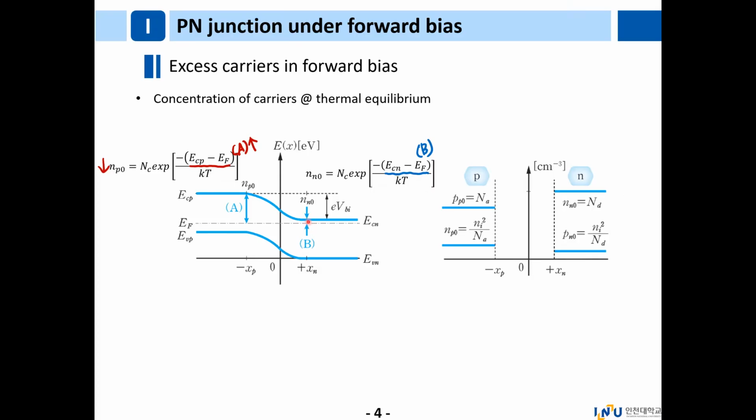So therefore, the ratio of electron concentration in the two regions can be summarized as follows. In other words, at a position where the energy barrier is as low as VBI, the electron concentration increases by exponential of EVBI over kT times.